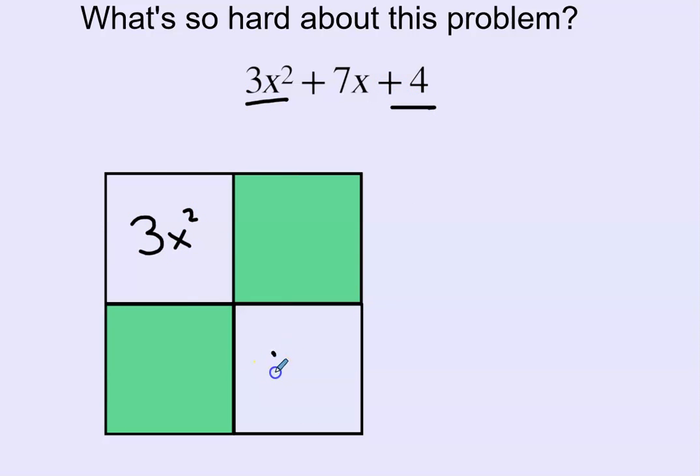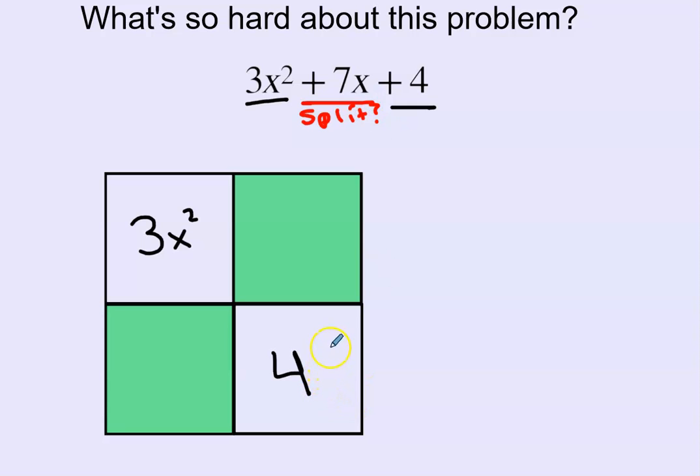Our 4 can go in the bottom right box, our smallest term. But then now we have some trouble here. We've got 7x and it's got 2 boxes to go in, so we're going to need to split it up somehow.